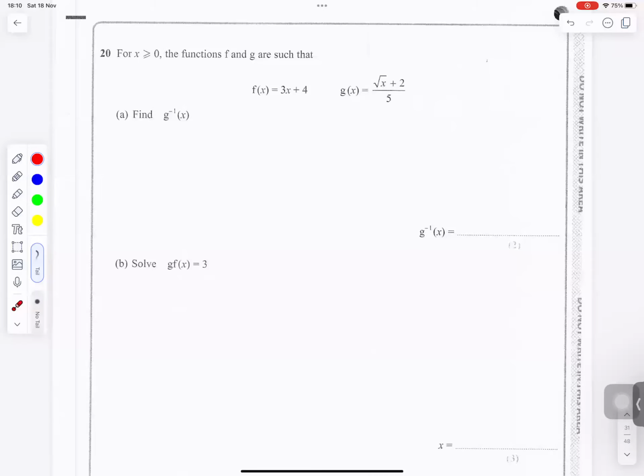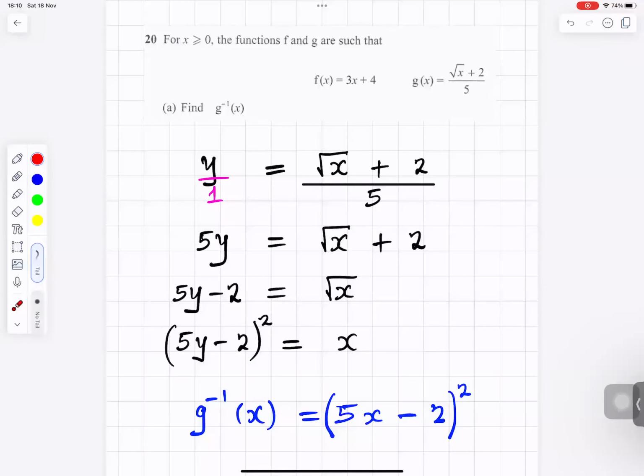Question number 20. 20a, for X is greater than or equal to 0, the functions f and g are such that, so that's f and that's g. Find g inverse. You first of all write g inverse. So instead of g, I'll call it y. Easier to write y than g of x. And then you want to make x the subject. So this x is what you want to make the subject.